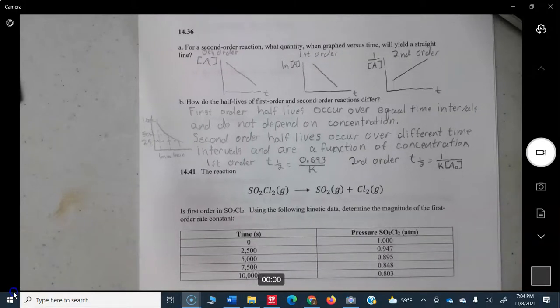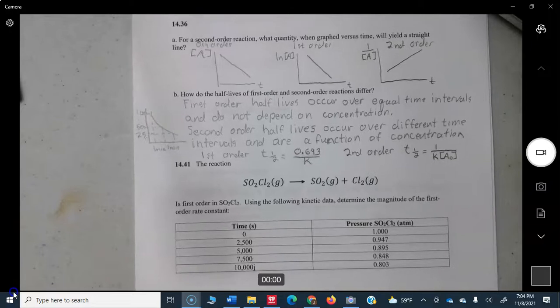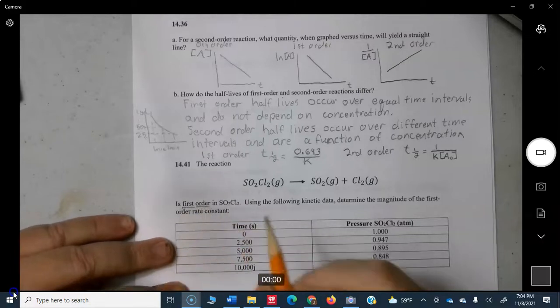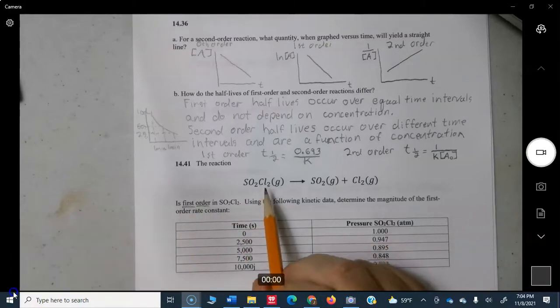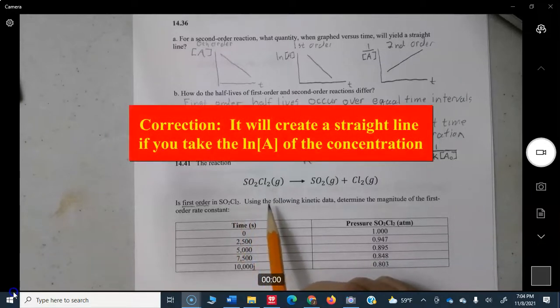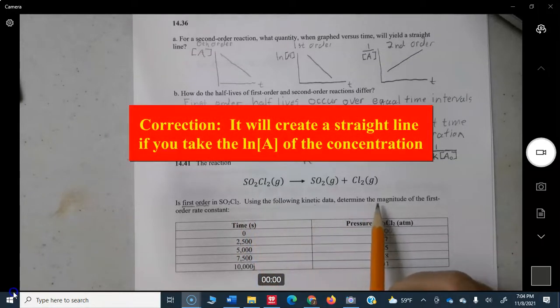Okay, let's move on. 14.41. It says this reaction is first order, so that's a key. You know what's going to create a straight line is if you take the natural log of the rate. Using the following kinetic data, determine the magnitude of the first order rate constant.